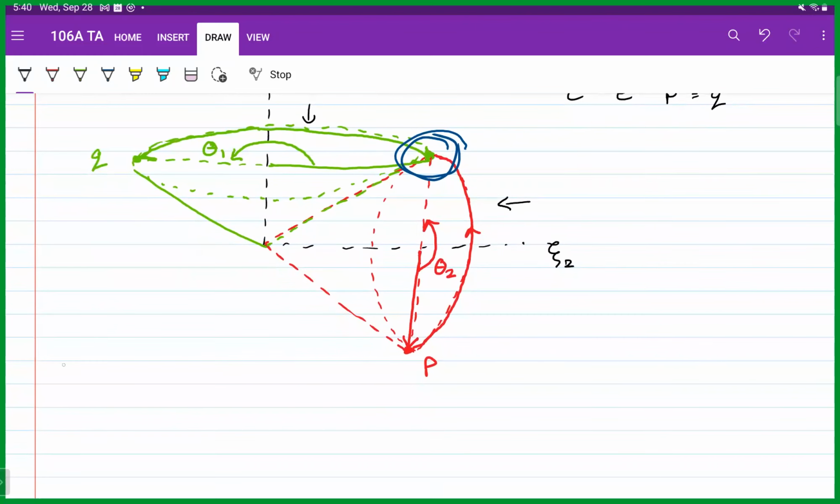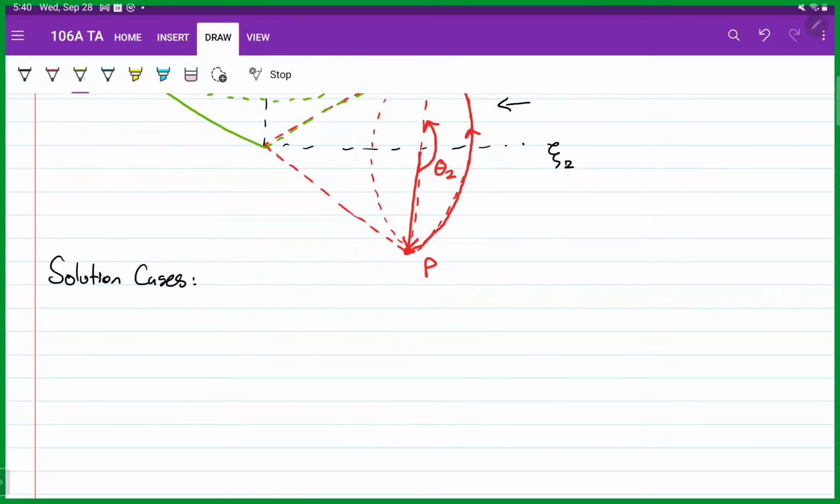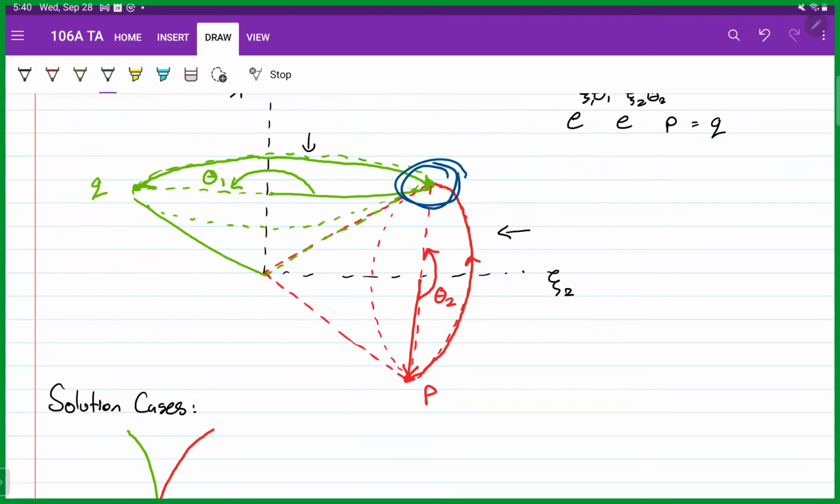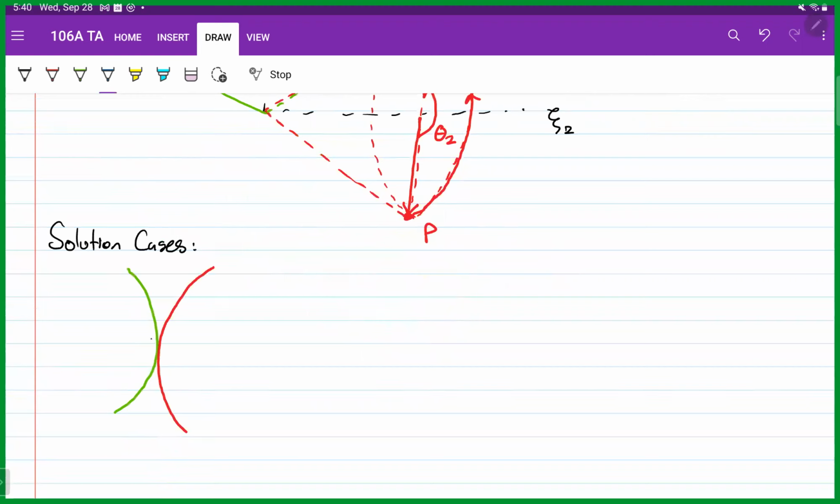So let's talk about the different solution cases. So let me draw out part of this green circle over here and then our red circle. All right. So when these cones just touch each other at a single spot, like we have in this case, right over here, we know that there is going to be one solution.